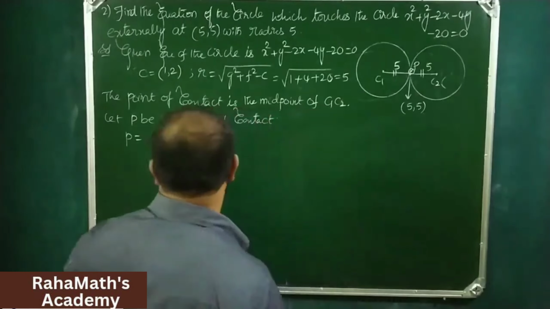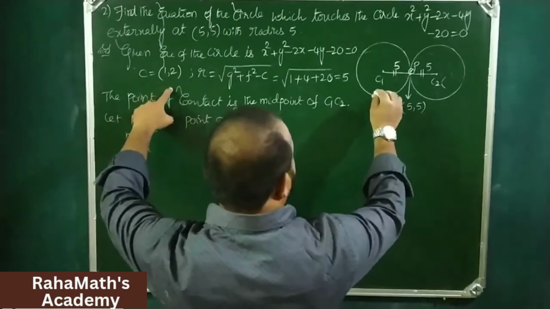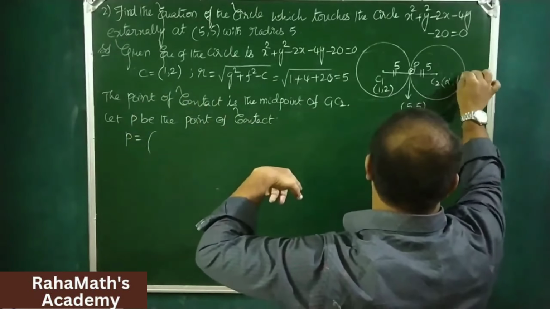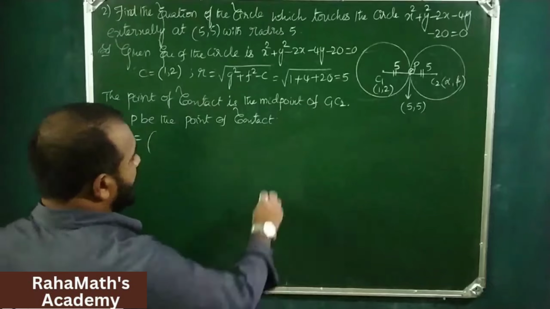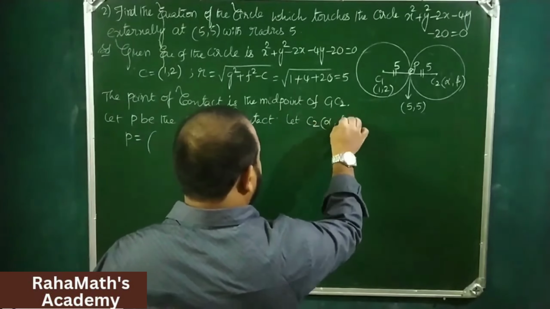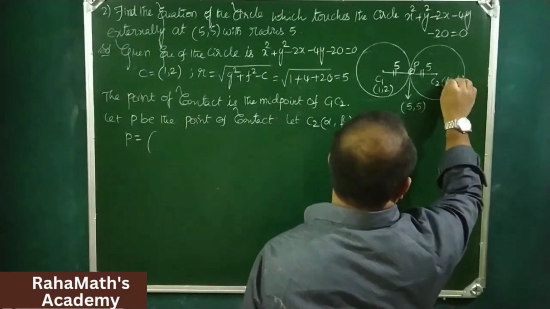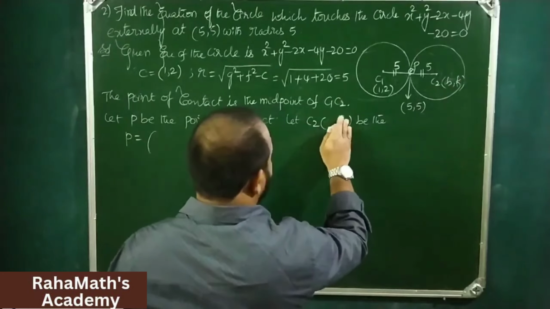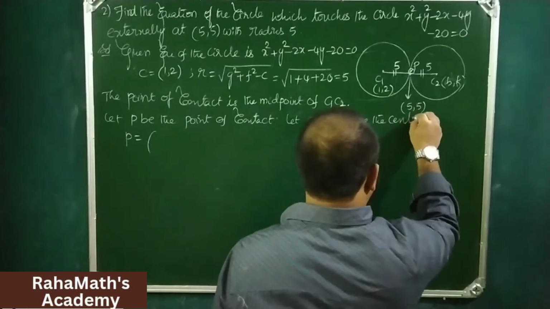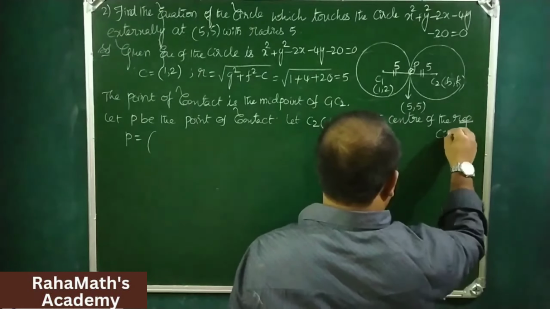So C1 is 1 comma 2, and C2, let us say alpha comma beta, or h comma k, you take C2 h comma k be the center of the required circle.